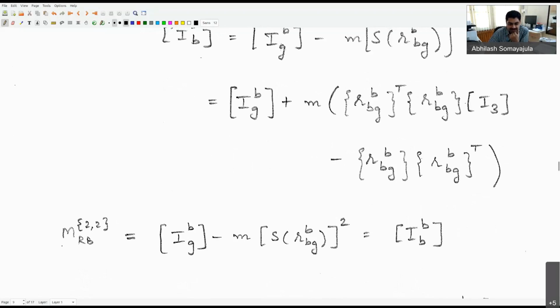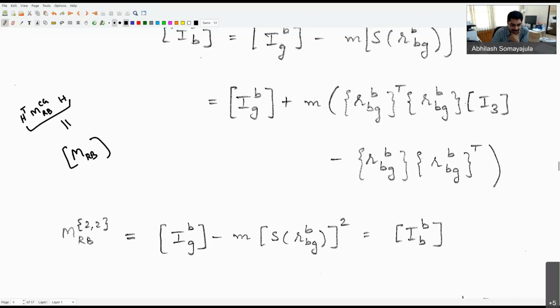Okay, so now we see that the MRB matrix, which we were finding out by doing that H transpose MRB about the center of gravity times H, that thing was MRB, right?